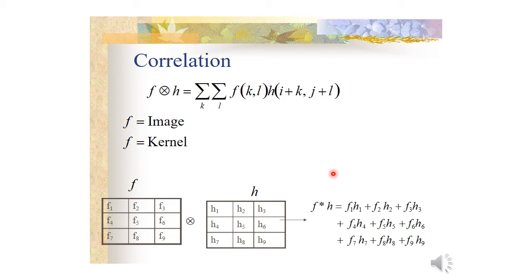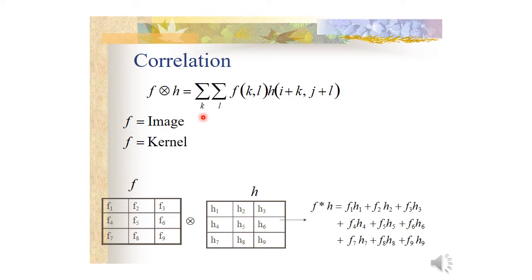We have another term called correlation, which is nothing but multiplying the values of the image with the kernel h. Because we have a number of rows and columns, we multiply with each row and each column, and for that purpose we have two summations, one for the x part and the other for the y part.